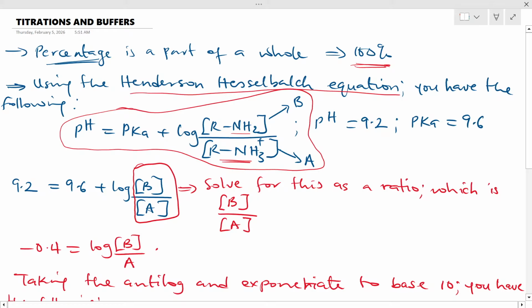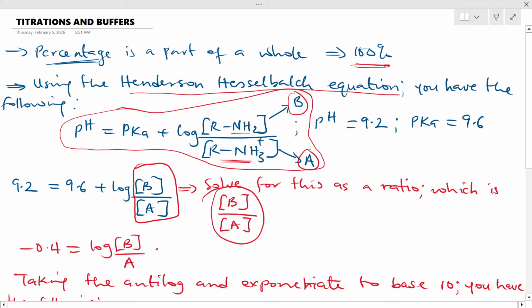So we simply simplify this as concentration of the base over concentration of the acid right here. So right here we are solving for what? A ratio. We are not solving for specific concentration, but a ratio. Why?